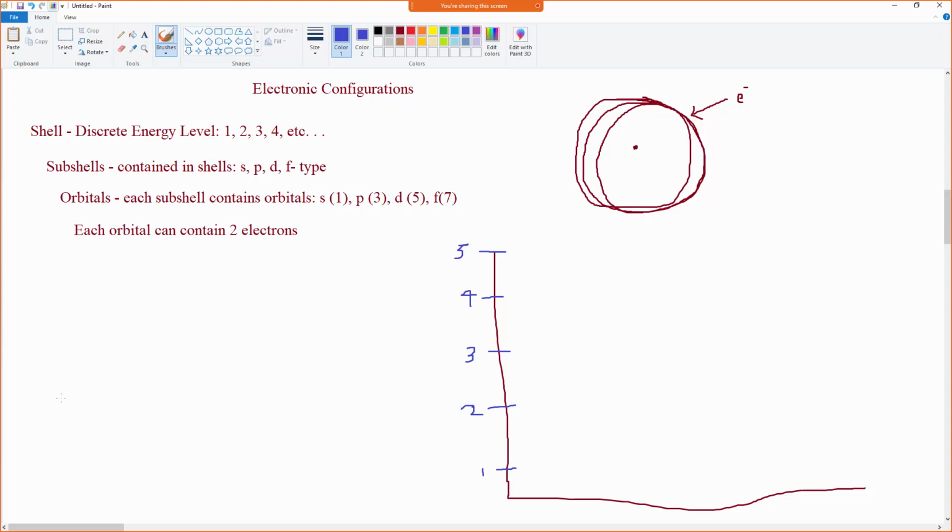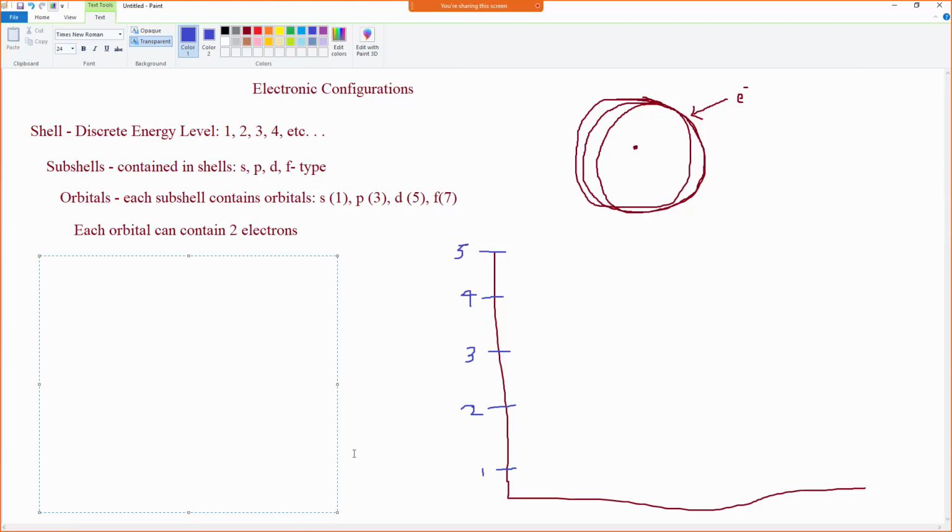In energy level 1, we have only available the S-type subshell. It contains 1 S-type orbital, which holds 2 electrons.